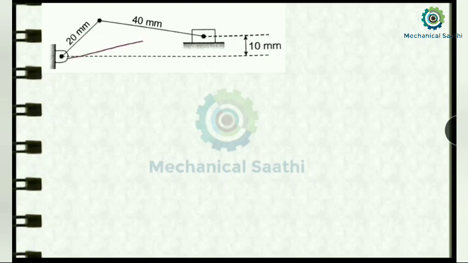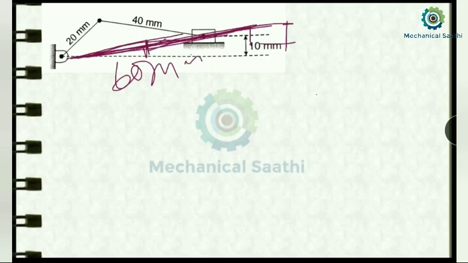The extreme right end will be somewhere here when it is totally elongated. So we can find this length. When both of the links are in a straight line, the total length will be 20 plus 40, so we get the total length as 60 mm.